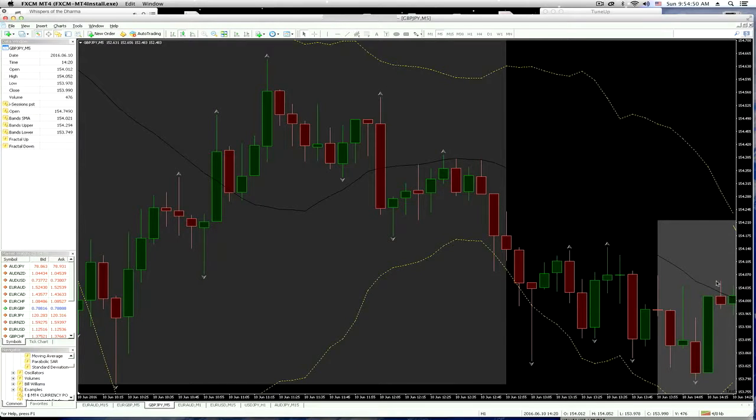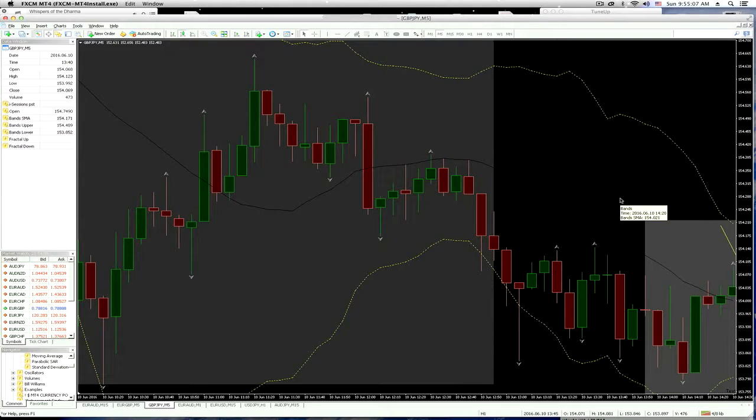Nothing happens over here. For my purposes, if nothing happens by 2 candles after the fact, this would be candle 1, this would be candle 2, then I'm not going to take an entry. Okay, moving right along.